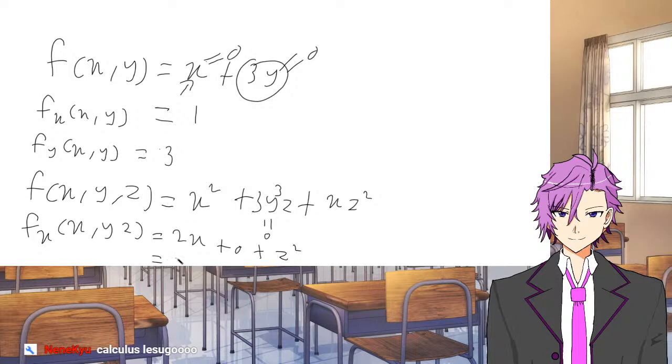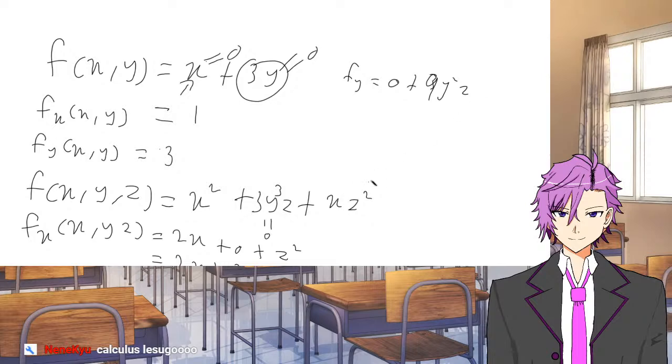So we'll be left with 2x plus z squared. As for f_y, there will be no y in the first term, so this will be 0 plus, there's a y here, we'll differentiate that, it will be 9y squared z.